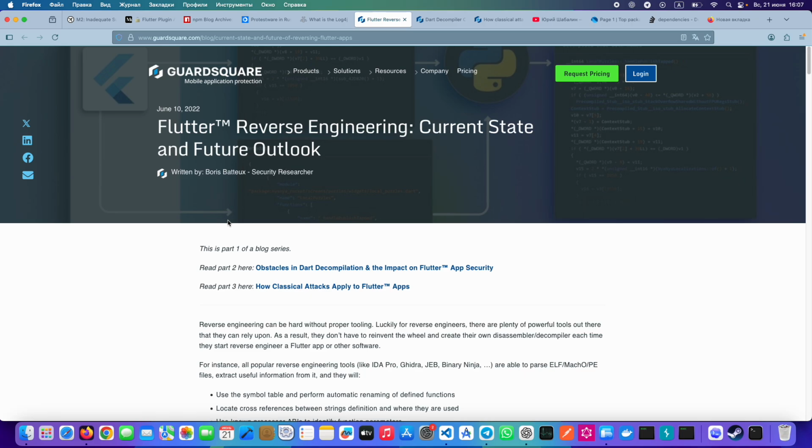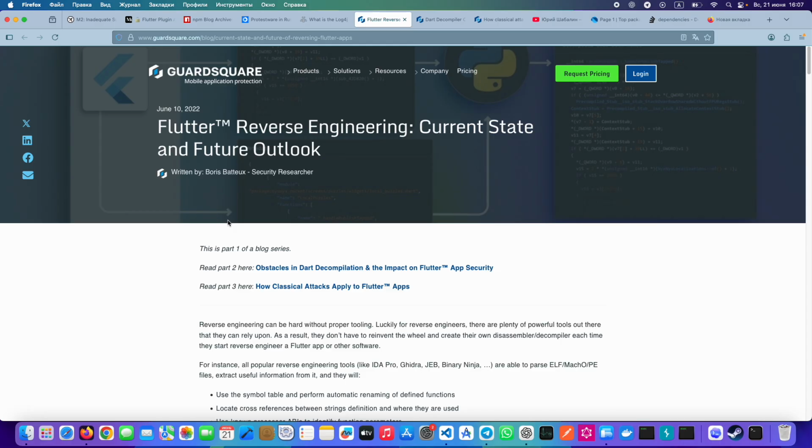AOT has unreachable code optimization, dead code elimination, type flow analysis, and other kinds of optimizations. And because of that, AOT compiles your code doing all these optimizations, and then compiles it to machine code, as I said.